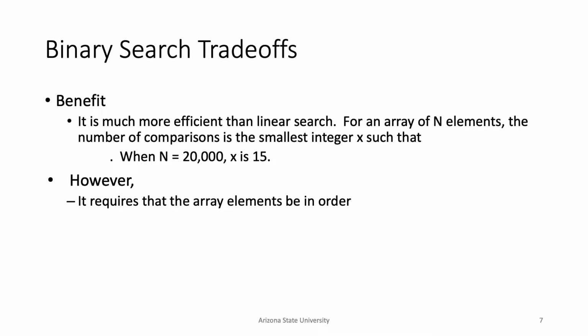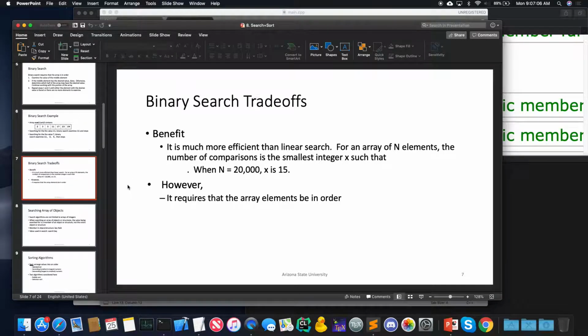So by cutting half of the elements, I don't have to search the entire list every single time. So that's why it seems reasonable to suspect that it's much more efficient than linear search. Okay, does that make sense? How many of you think that that's a reasonable thing to say, that it's more efficient than linear search? Probably a trick question. Yeah, it actually kind of is.